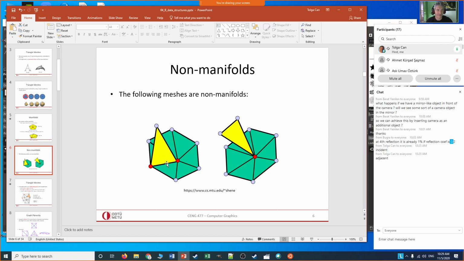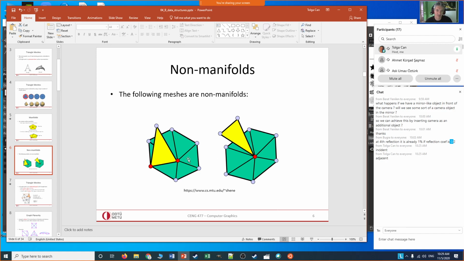These may still be valid 3-dimensional objects you may have, but you would represent them maybe as 2 separate parts if your algorithm really depends on manifolds. You may ask, in our ray tracing algorithm, does it really matter that they're manifolds? Actually, no. If you just have your triangles listed separately, our ray tracing algorithm does not care about whether the underlying surfaces are manifolds or not, okay?